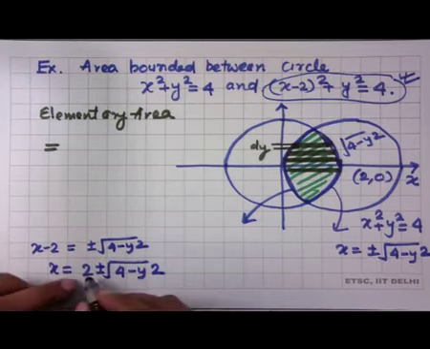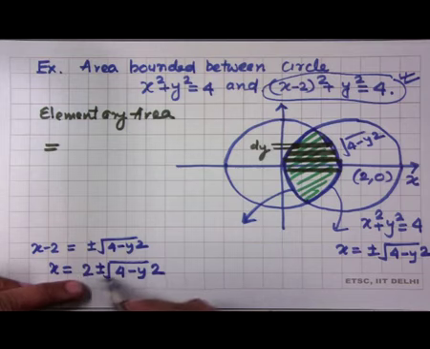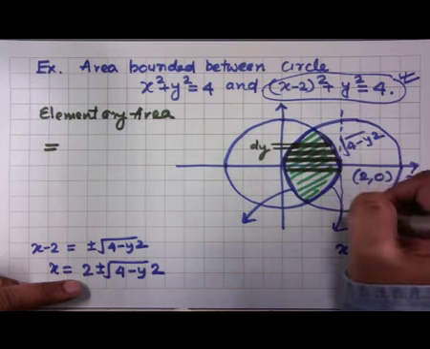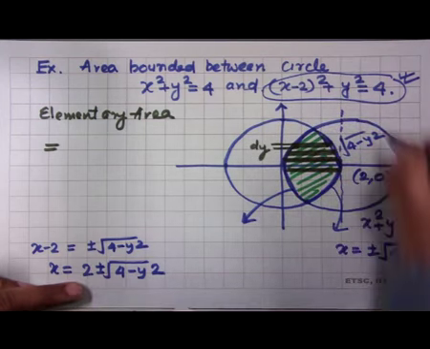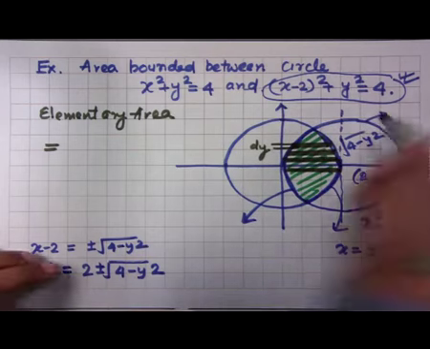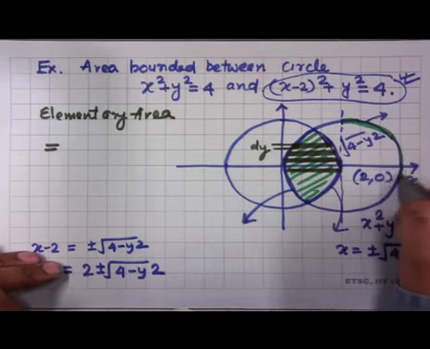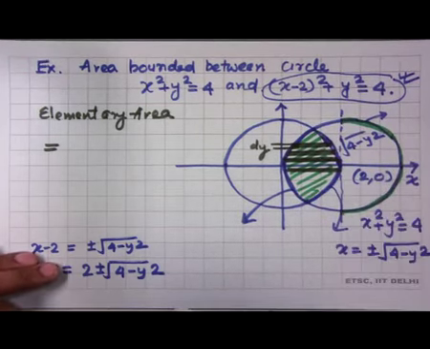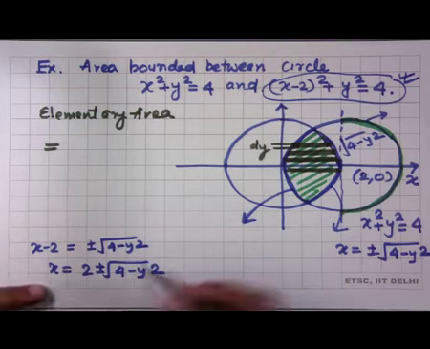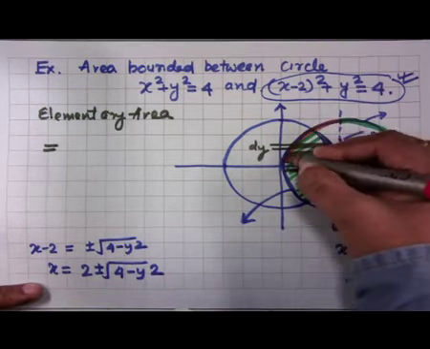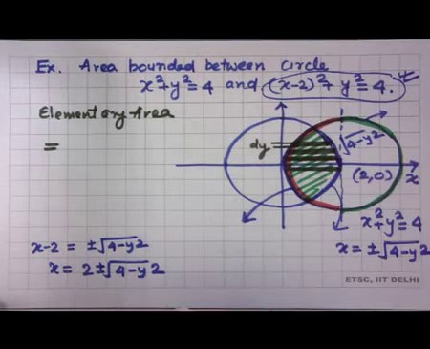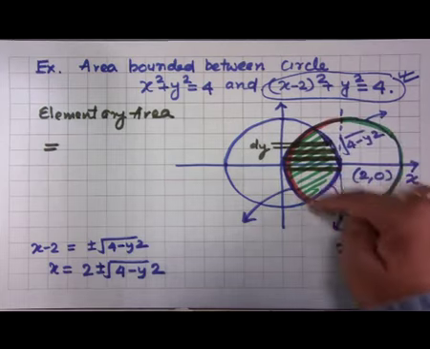Now, if you solve this for x, you get two branches. So, if you draw this vertical line, 2 plus under root 4 minus y square represents this portion of the curve. I repeat, 2 plus under root 4 minus y square represents this green colored portion of the circle, and 2 minus under root 4 minus y square will be represented by this red portion of the circle.